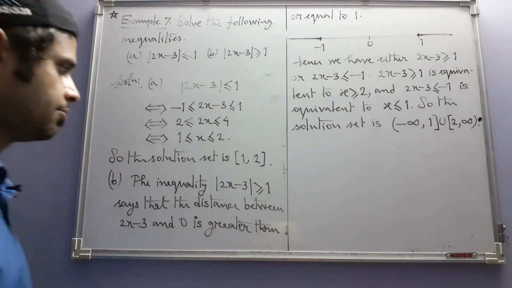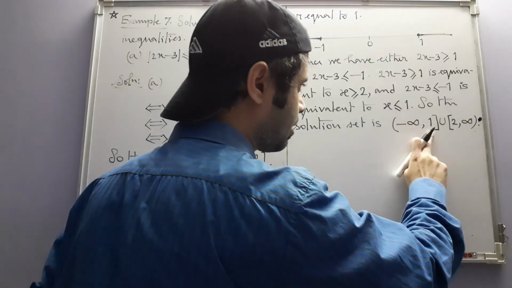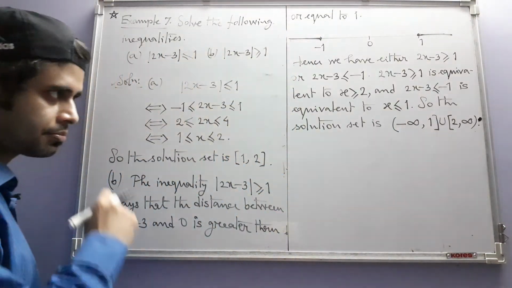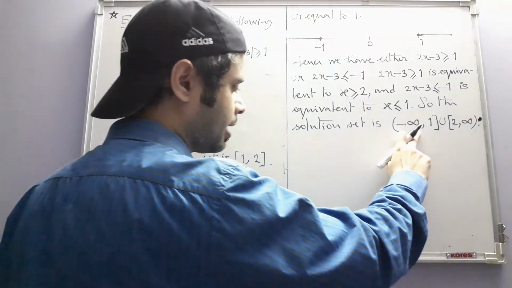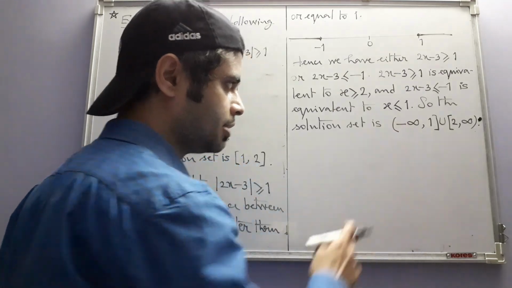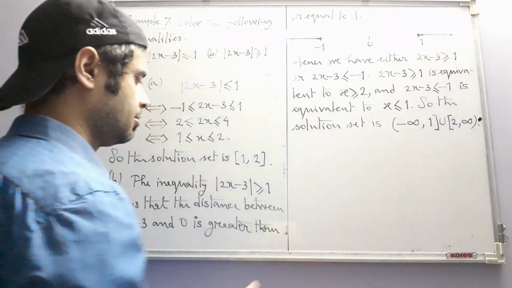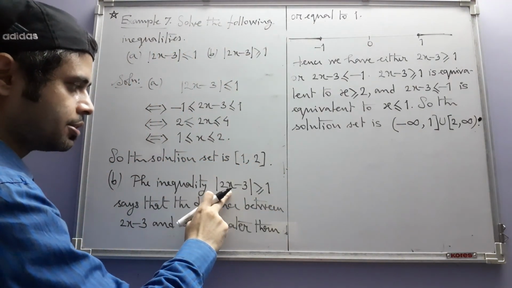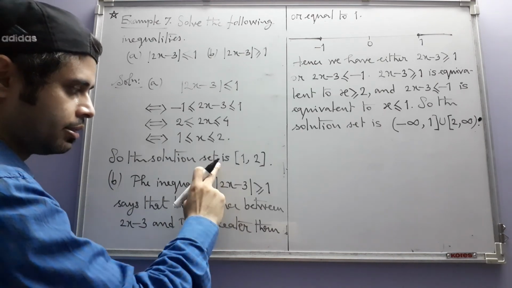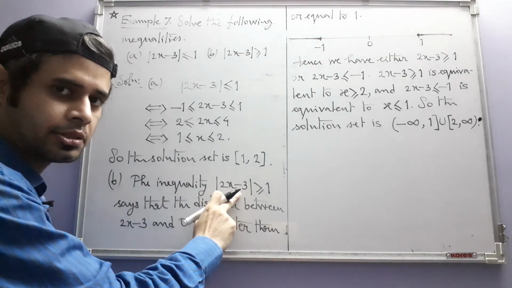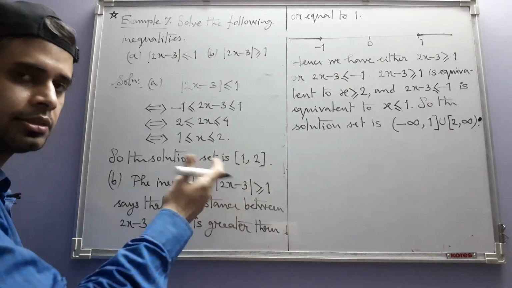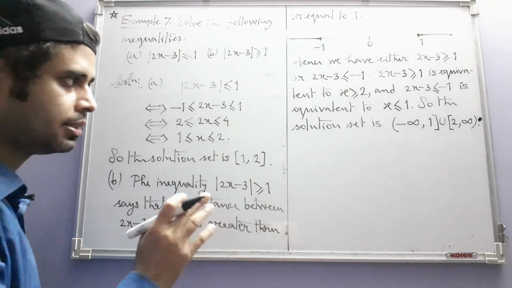You can take any number from this side, say I take x equal to 0, 0 lies here. So if I put x equal to 0 here, what do I get? Absolute value of minus 3, which is 3. 3 is greater than or equal to 1, so fine.